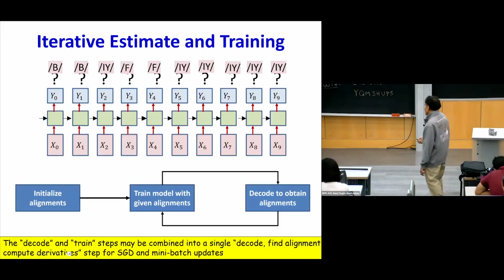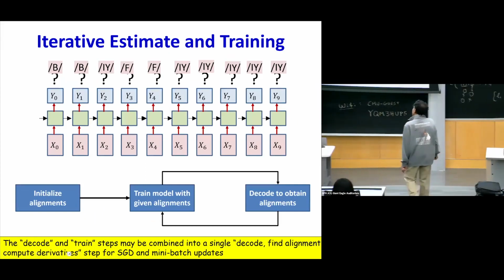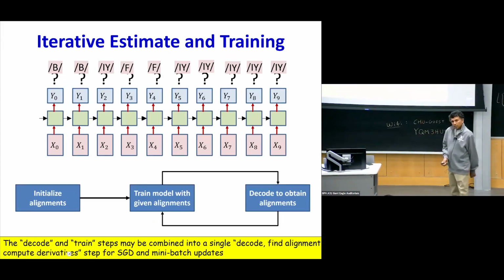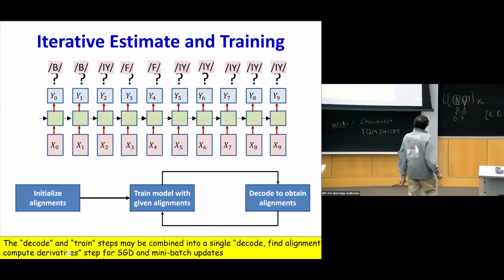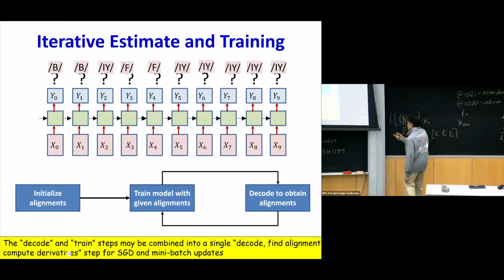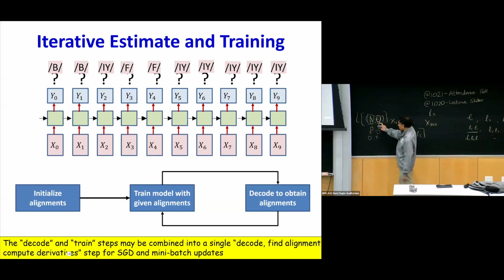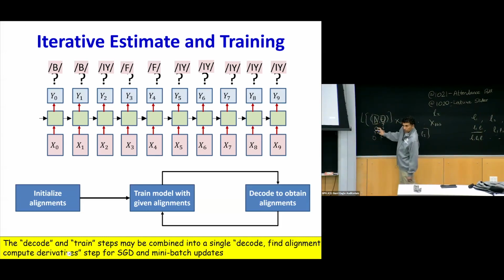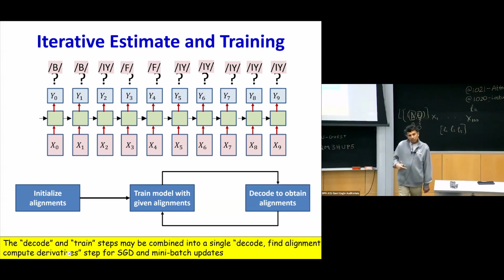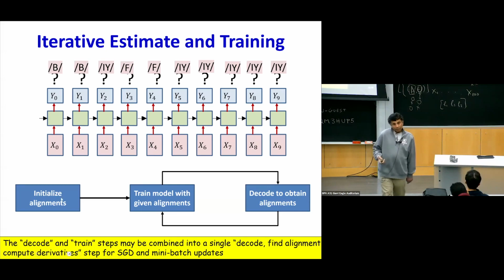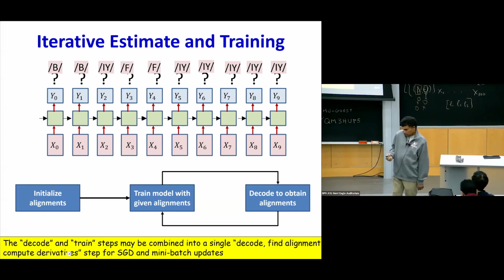And you can use that for backpropagation. So the overall training algorithm would be something like this. You typically initialize your model, find your alignments, use the alignments to train the model, use the model to go back and re-estimate the alignments, and repeat this until your alignments stop changing or your model parameters stop changing, right?